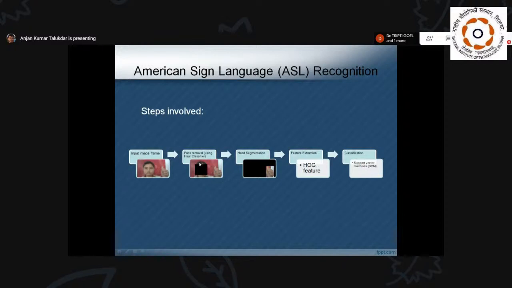As the skin color of the face matches the skin color of the palm, I first have to remove the face. So I have used a face removal technique using a Haar classifier. Then, after removing the face, I have converted this RGB image to an HSV image.